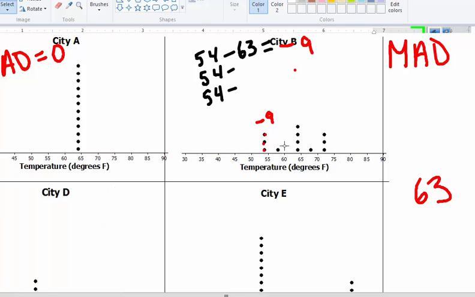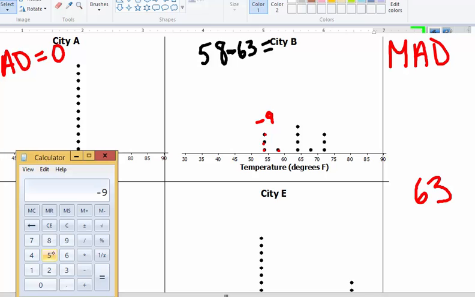Here, this one looks like it's about 58. So this is going to be 58 minus 63. And what do I get when I subtract those two? I'm going to use my calculator to check because I'm using that tool. 58 minus 63. And I get negative 5.